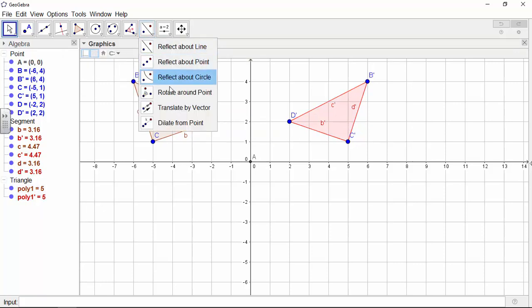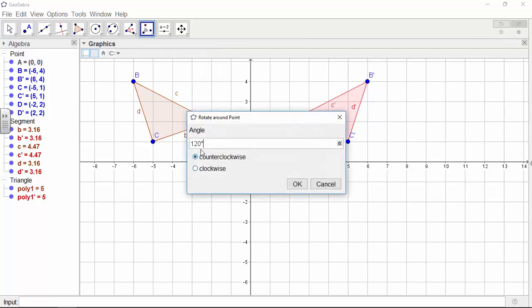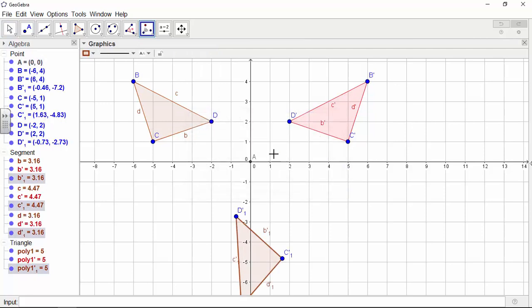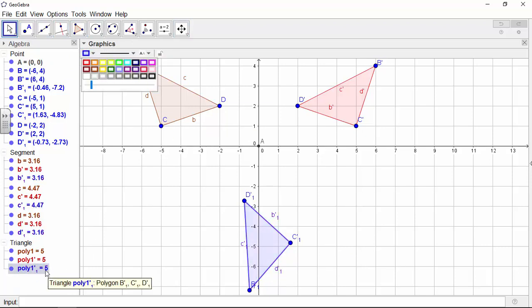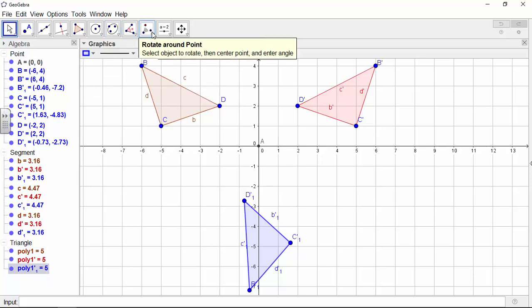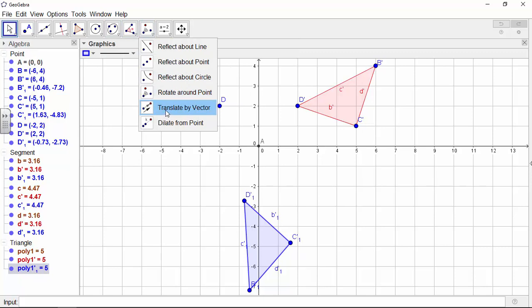What happens if I were to rotate this? Sure, 120 degrees, it doesn't matter. You can still see that these triangles are in fact congruent, the same size. I'll make it blue for this one. You can see here their area is the same. No size changed, right? And the only other one we know of is if we were to translate.